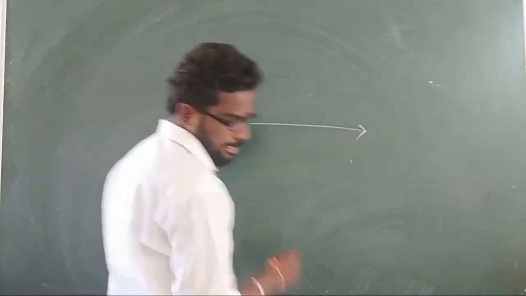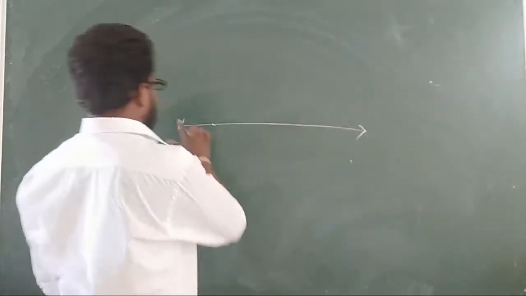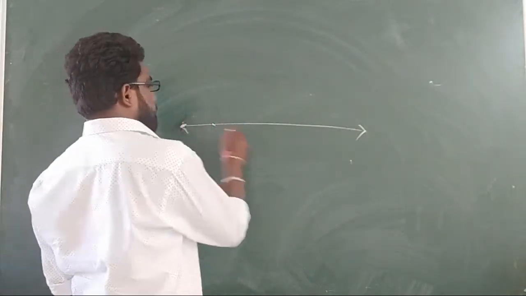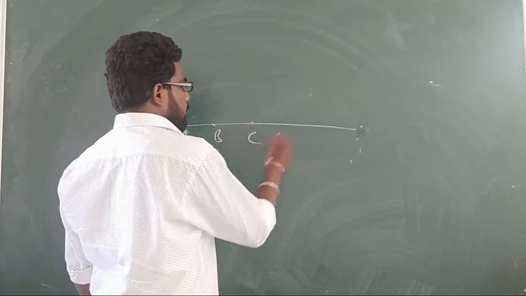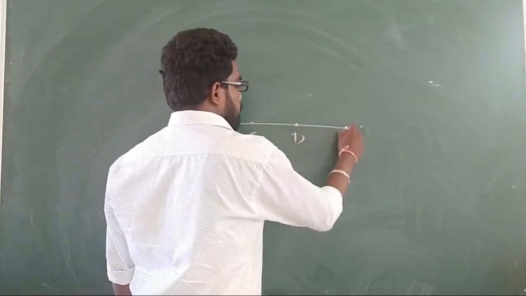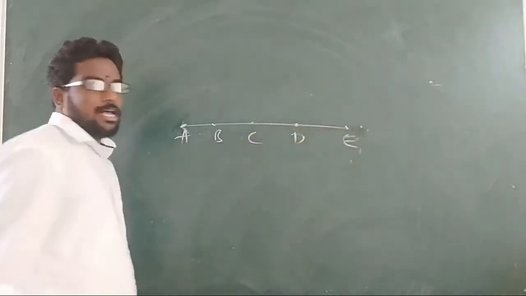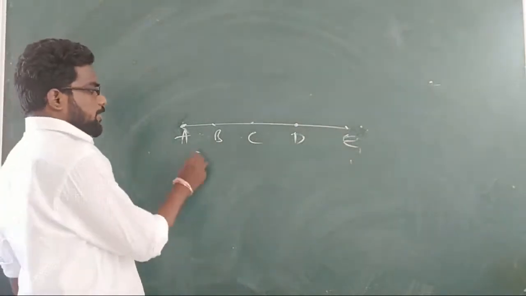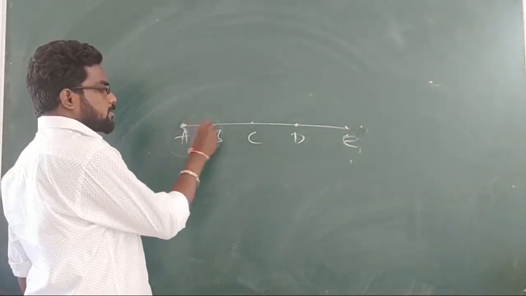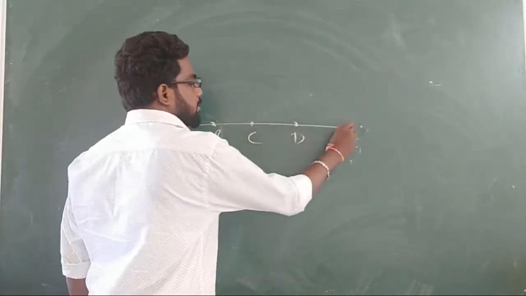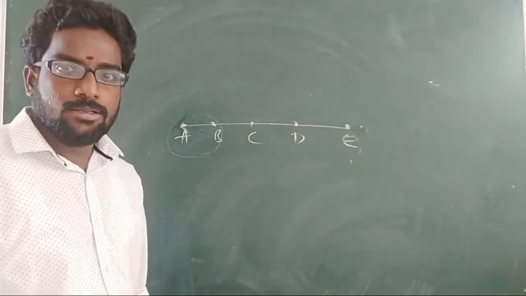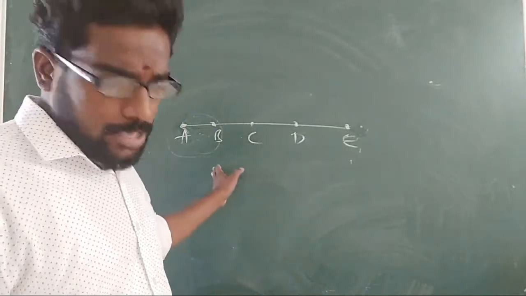Different line segments are given: AB, BC, CD, DE. AB is one line segment because there are two endpoints, A and B. BC is a line segment, CD is a line segment, DE is a line segment. Now we have to measure all these line segments.